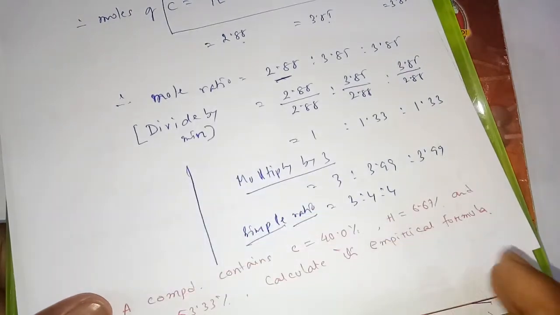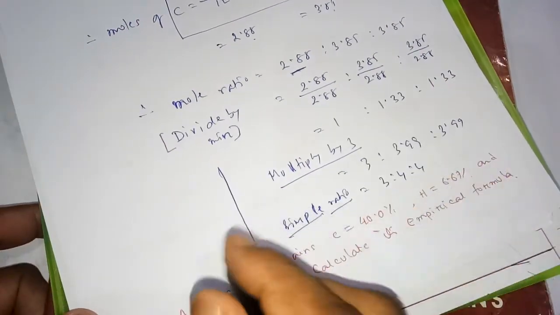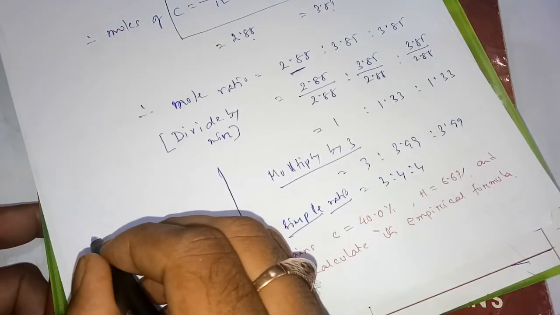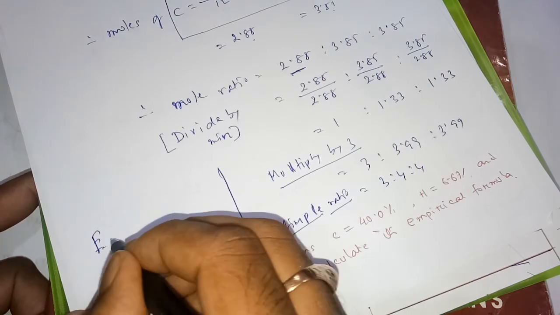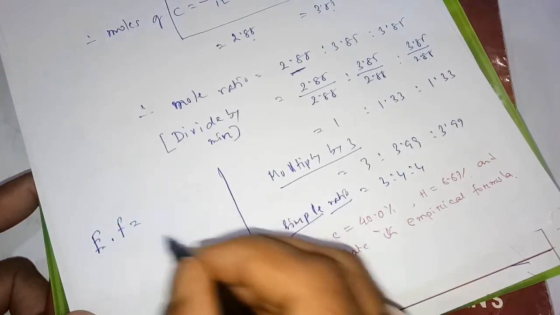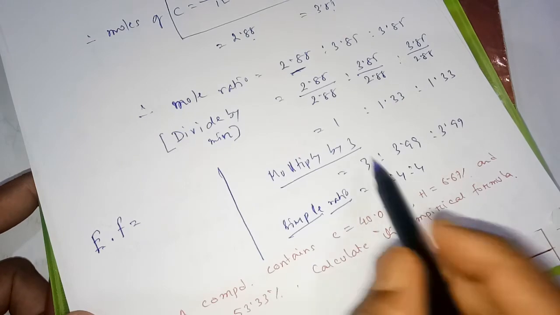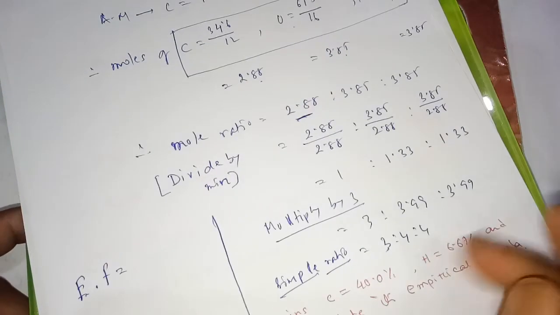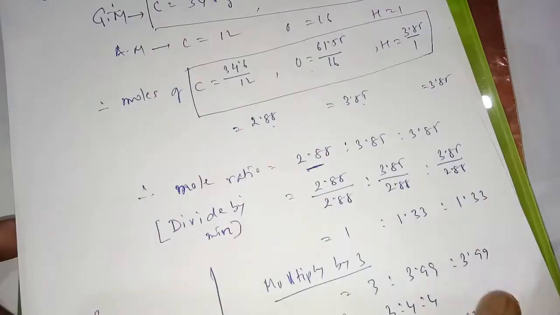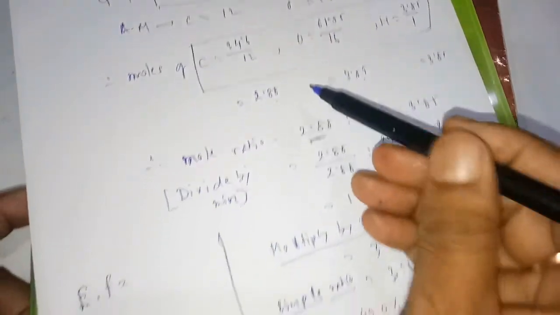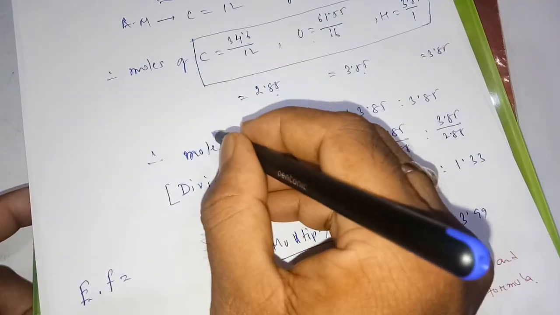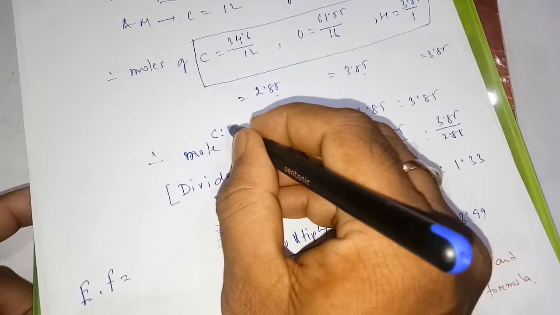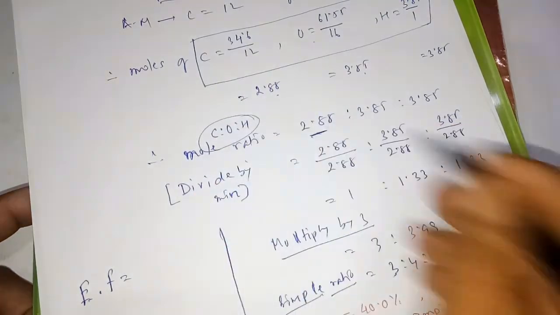Now from this simple ratio we can write the empirical formula. Now we have taken the mole ratio between what? Carbon, oxygen and hydrogen.